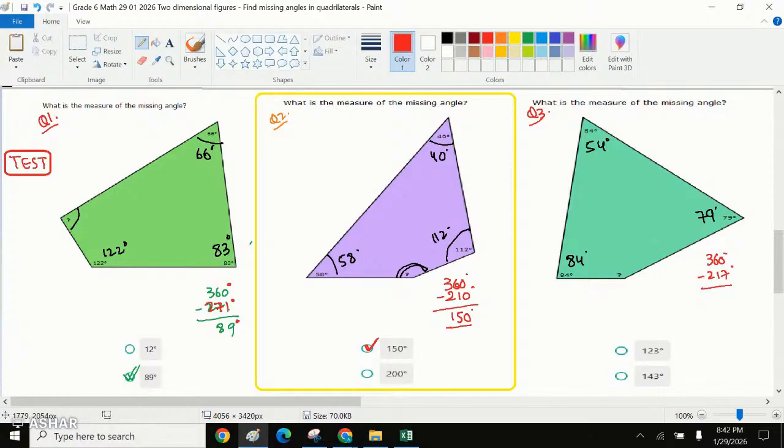So what is the answer for the question number 3? Can I have the answer? Prinsley, what is the answer? 316 minus 217 should be equal to, yes, 143.